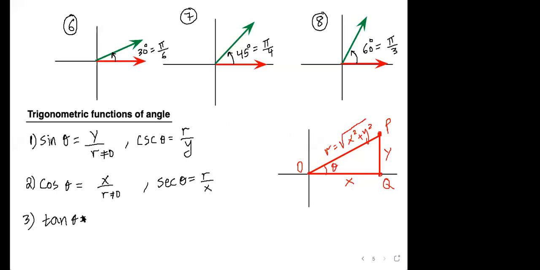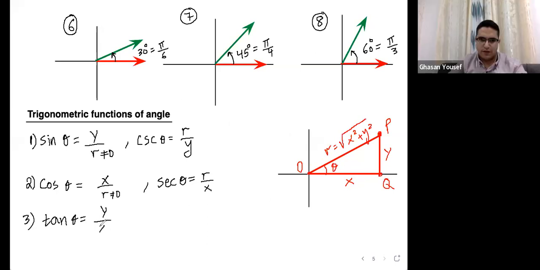Y over x, correct. And the same thing for the cotan function of the angle, which is the reciprocal: x over y. Okay, any question for this?